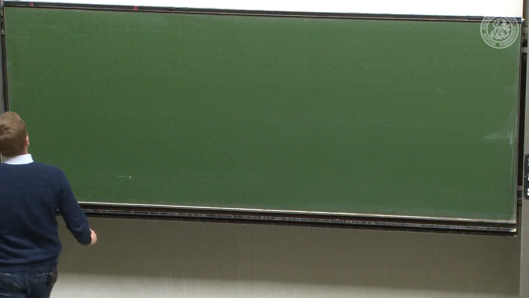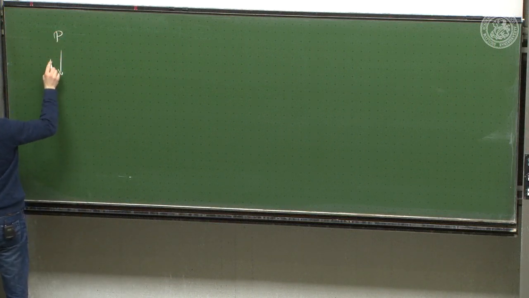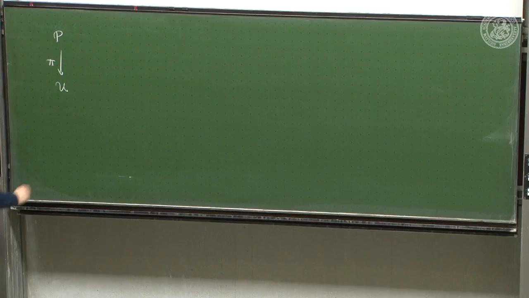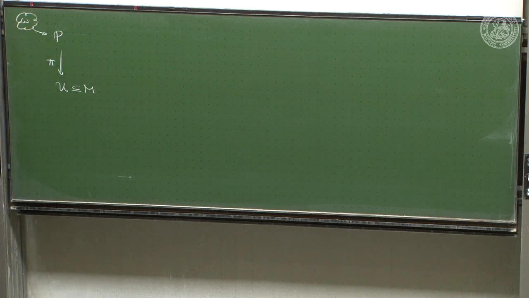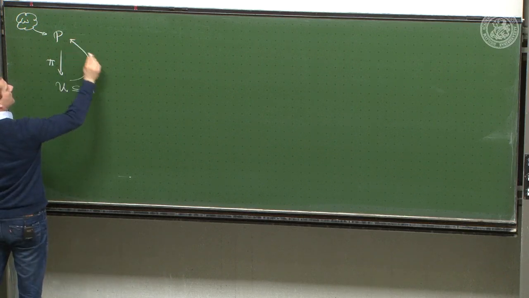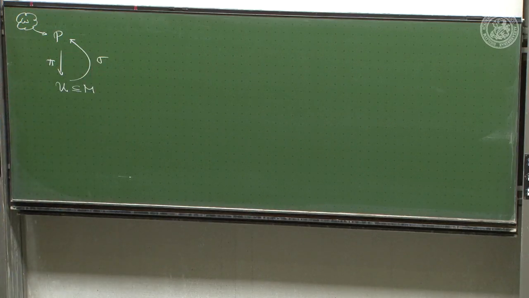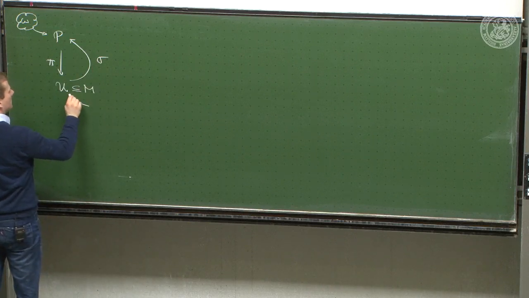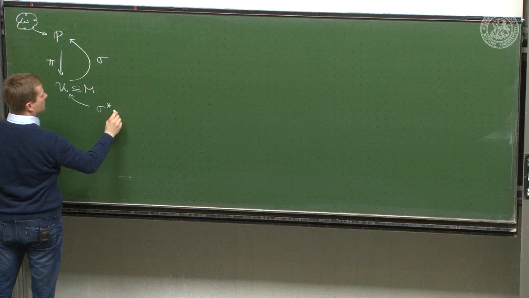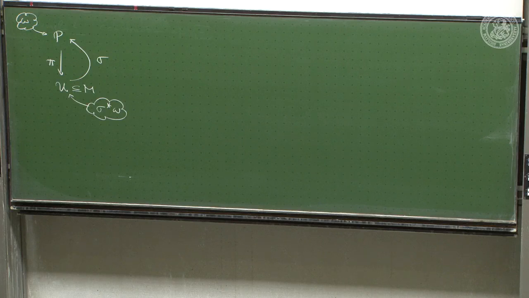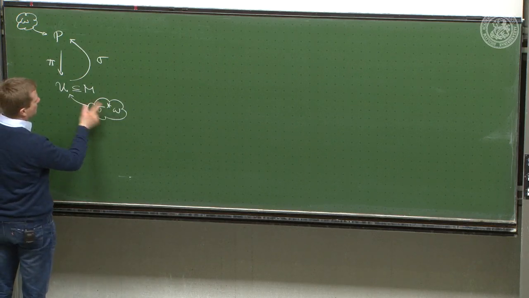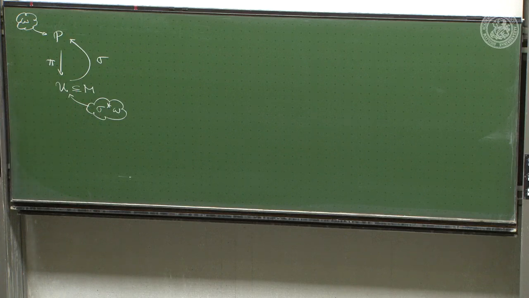Okay, so what we saw is that if we have a connection 1 form on some principal bundle, and we now look at some part of the base manifold. So here we have the connection 1 form. Then by choosing a particular section sigma, we can pull back this connection 1 form to this Yang-Mills field, sigma pullback omega on the base manifold, and this will be a Lie algebra valued 1 form on this domain.